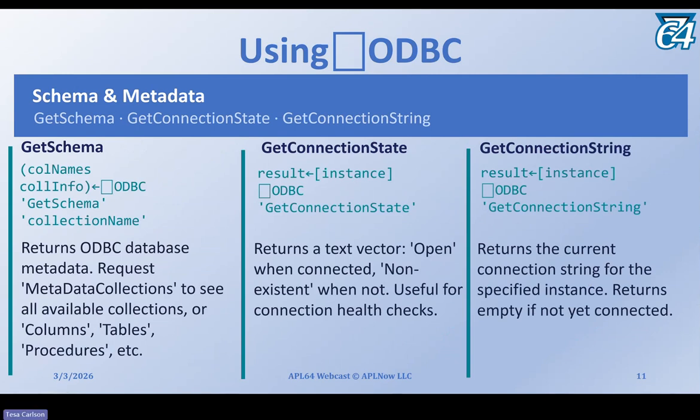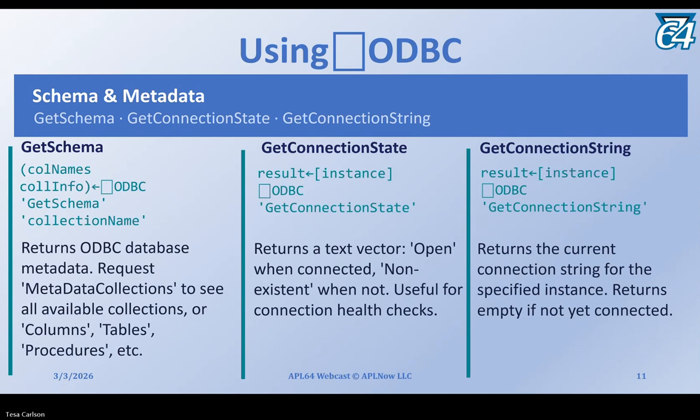The get schema action returns ODBC database metadata. The content and format of the ODBC database metadata will vary with the specific database. Some metadata collection elements may have no representation in APL64.